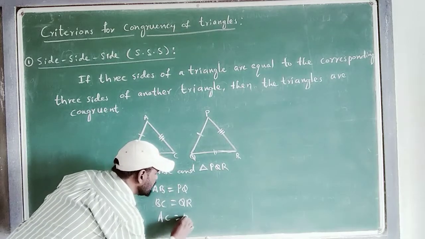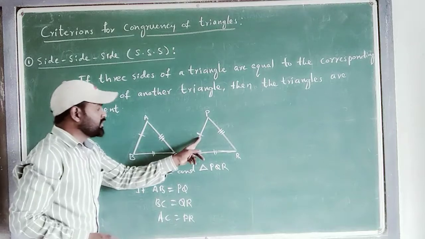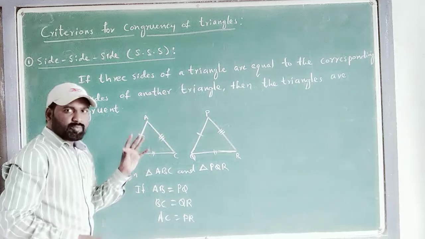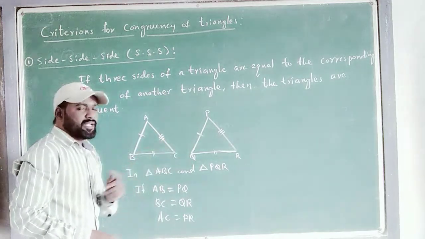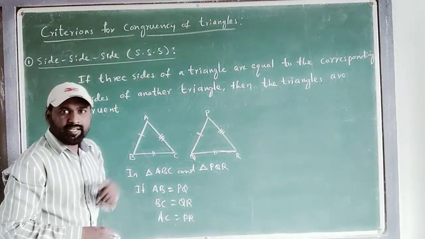If this side is equal to this side, and all the 3 corresponding sides of the two triangles are equal, then we can say these two triangles are congruent to each other under the rule of side, side, side criterion.